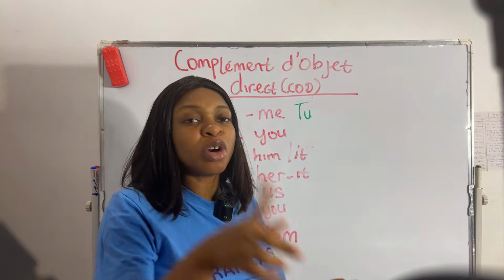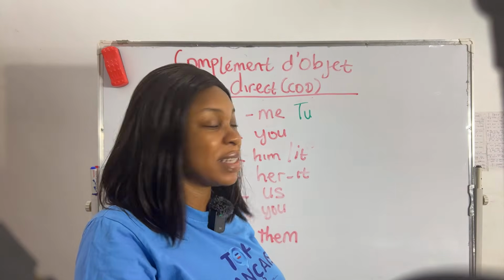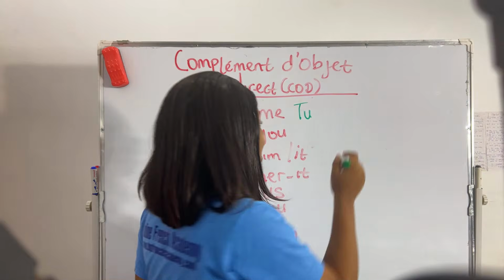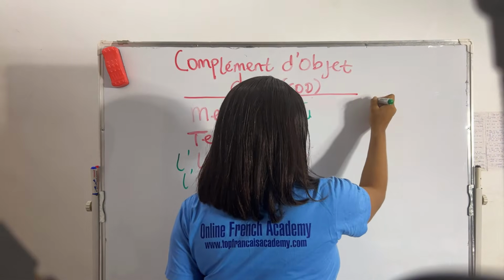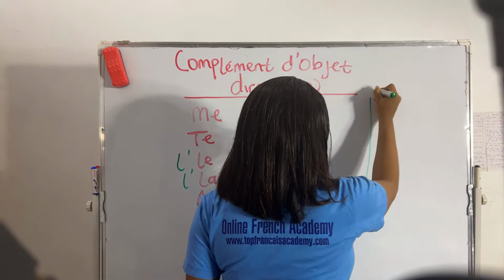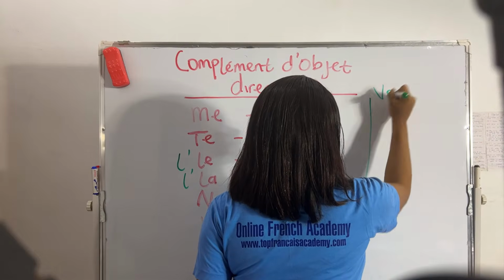You know what? I'm just going to conjugate the verb voir because we're going to use that in this class a lot. So we have voir, that's the verb to see.